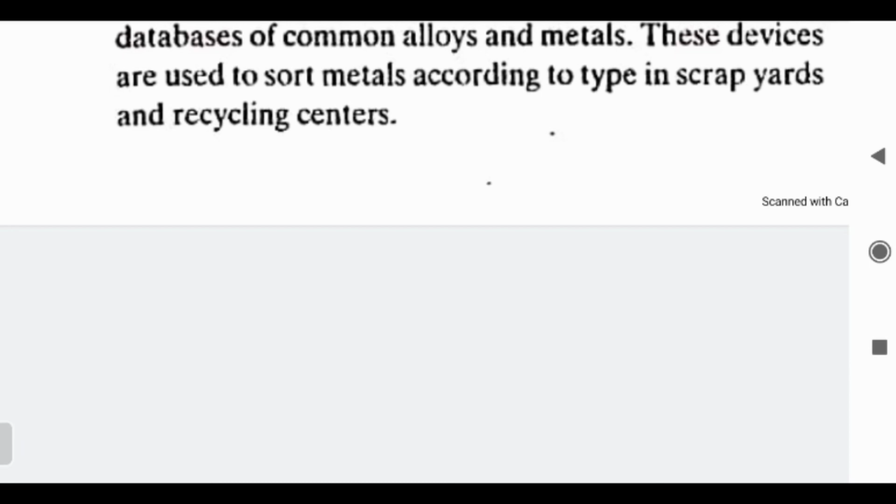Next we saw the electric discharge sources, which include arc sources and spark sources. For these we saw the different sample preparation methods for metals and non-metals, the characteristics of the arc and spark techniques, and lastly the applications.